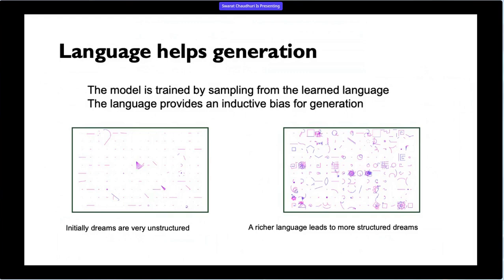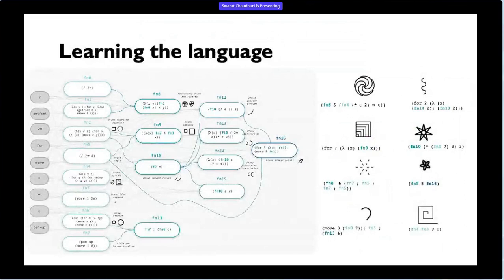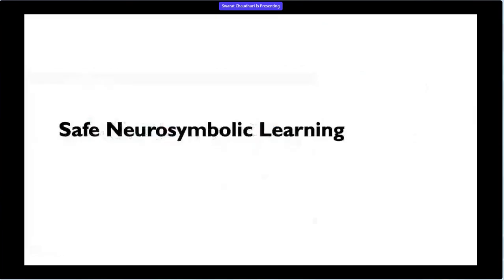But as you learn higher and higher level components, those components are actually capturing a lot of regularity in the domain, such that even just randomly drawing programs from that language now starts giving you things that look more like things in the corpus. And so by doing this, you're able to learn this hierarchy of components that then allow you to find these programs and represent them very, very concisely.